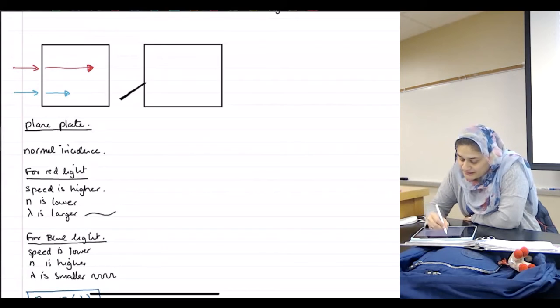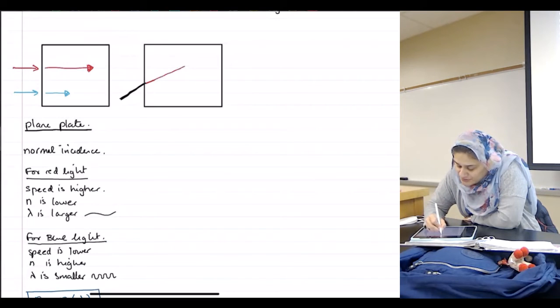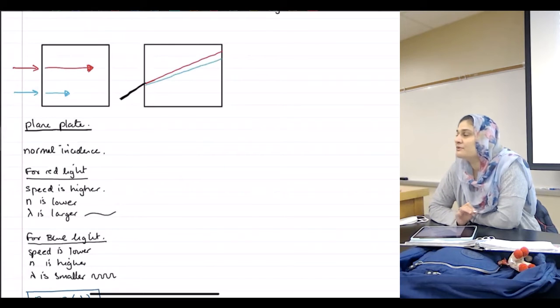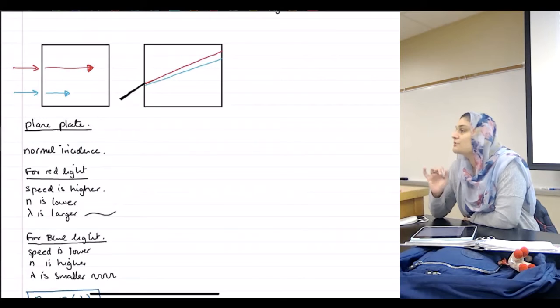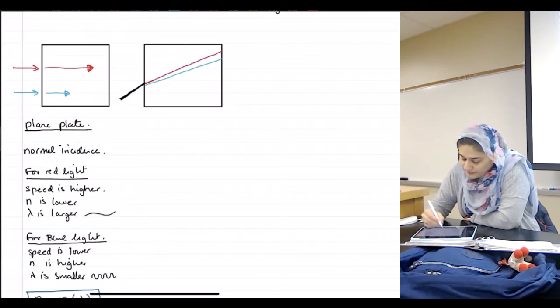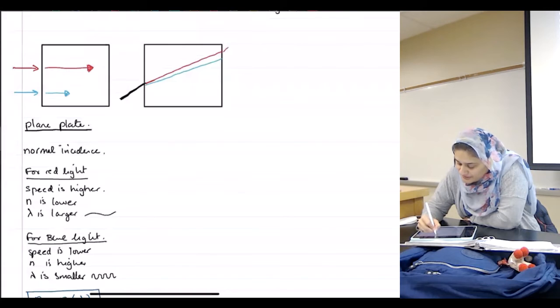In that case, light will actually split into its component colors. So imagine I'm only talking about red and blue, but all the colors of the rainbow exist in there. Snell's law says red will be refracted, and blue will also be refracted. So we will have red and blue.